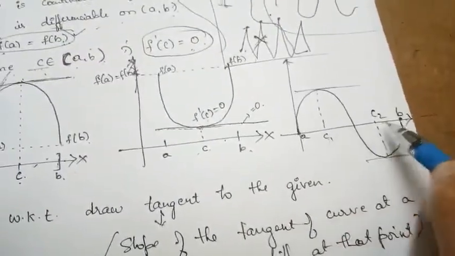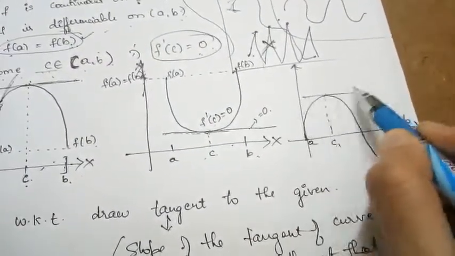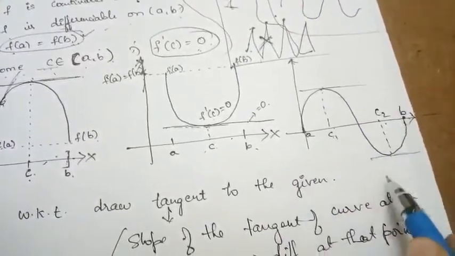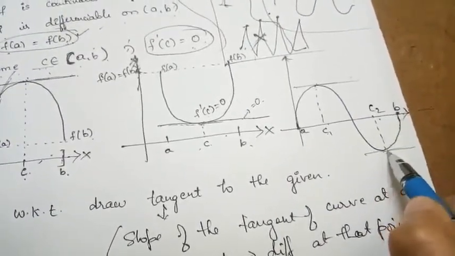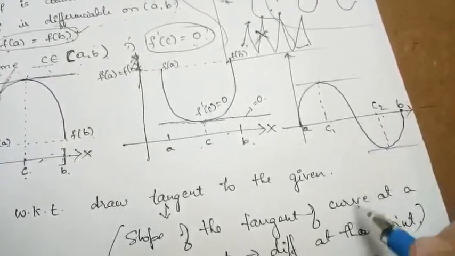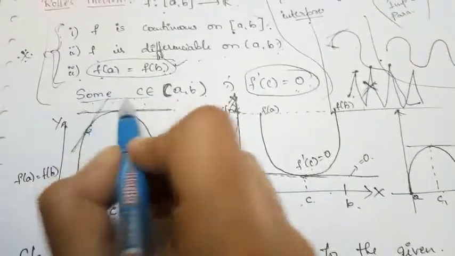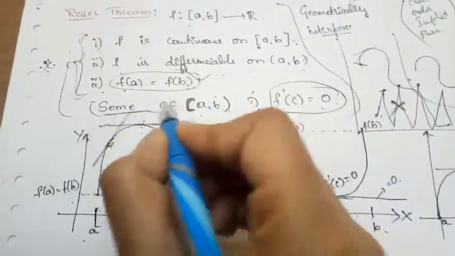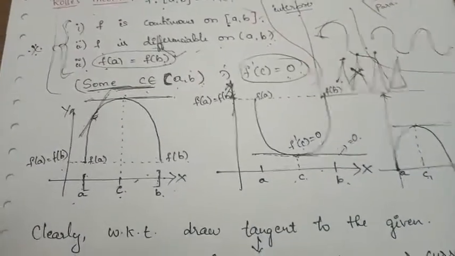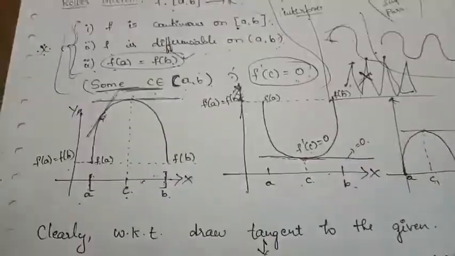So at the points C1 and C2 I can draw the tangent to the given curve so that the tangent is parallel to the x-axis. Here also, if I draw the tangent at the point C2, that tangent is parallel to the x-axis. The statement itself says for some c which belongs to (a, b), so it might be more than one point in the interval (a, b).